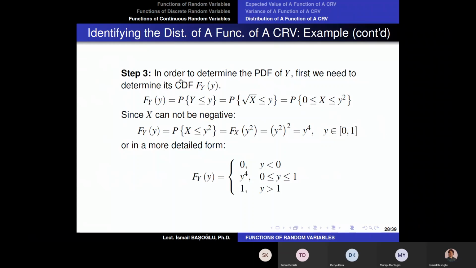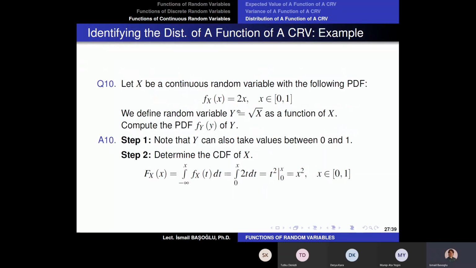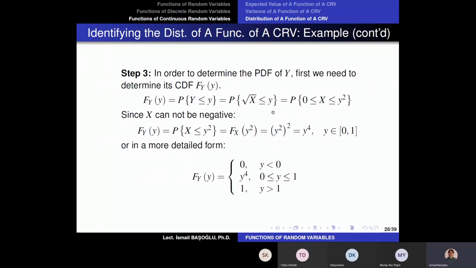So let's determine the CDF of y, which is the probability of random variable Y being less than or equal to y. So what is the definition of Y, my friends? I have told you that Y is defined as the square root of X. Therefore, I can replace that capital Y with the square root of X being less than or equal to y.